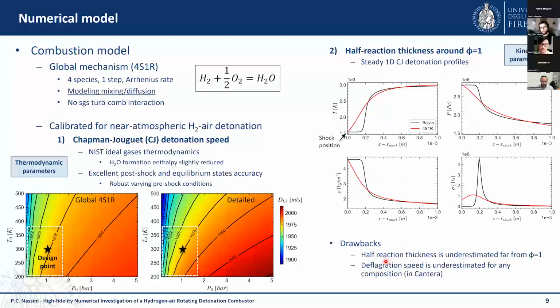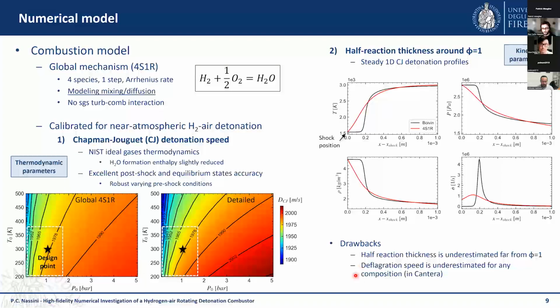Specifically, the main limits of our combustion model are that the half reaction thickness is overestimated if we have a composition which is very far from equivalence ratio 1, and also the deflagration speed is underestimated for any composition. This is because we decided to focus our combustion model on the detonation regime and not on deflagration speed.